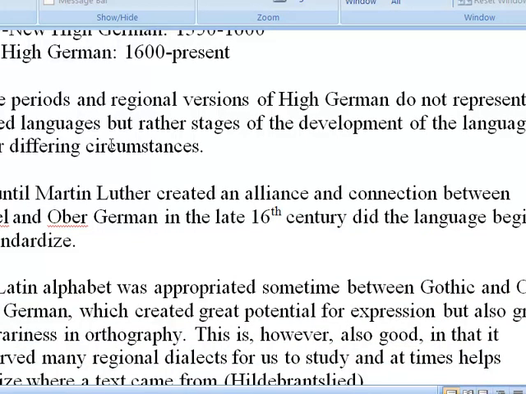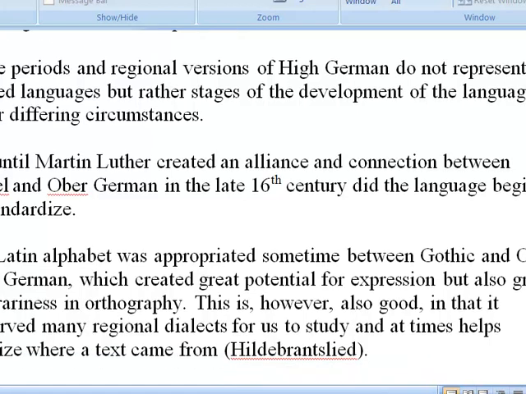One thing to remember is that these periods and regional versions of High German are not unified languages, but stages of development. You'll see a lot of mixture of different forms across borders, because back then hardly anybody wrote, and so the language was really pretty flexible.